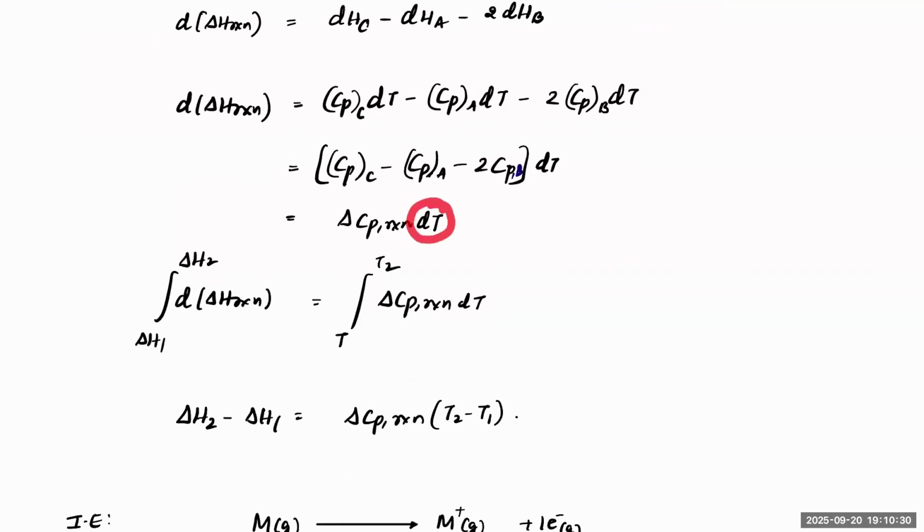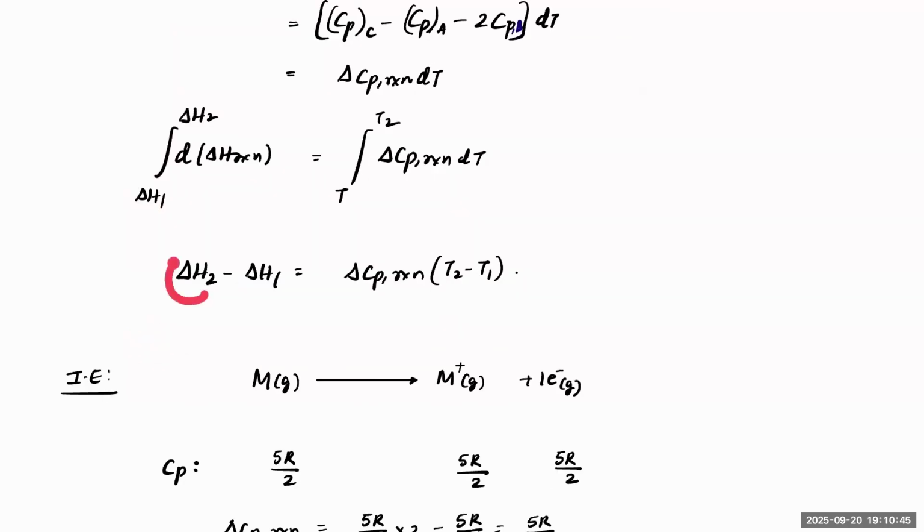That into dT. Now if I integrate at two different temperatures, delta H1 being the value at temperature T1 and delta H2 the enthalpy change at T2, then I can write delta H2 minus delta H1 is equal to delta Cp of the reaction integrated over dT.